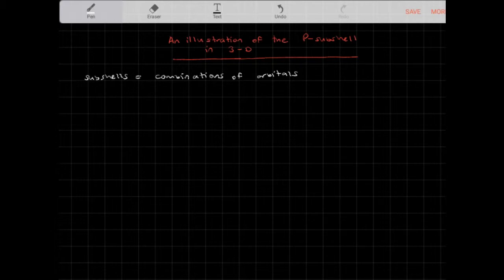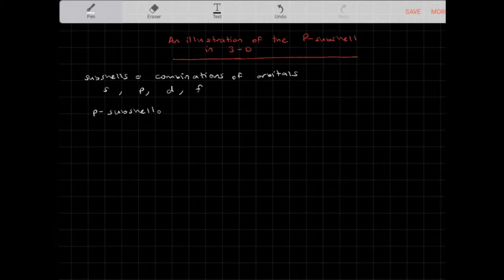So we looked at the S, the P, the D, and the F subshell, and I would tell you guys to review the previous video to understand how many orbitals each subshell is composed of, and how many electrons it can hold in total.